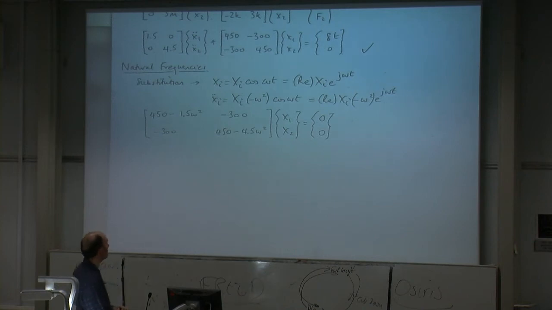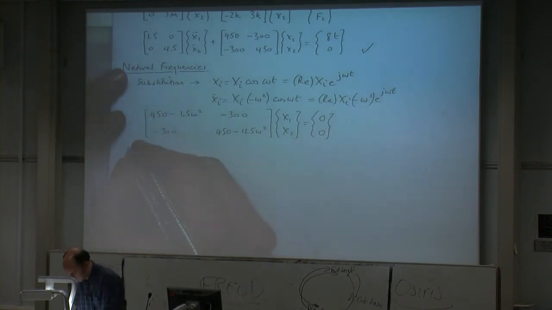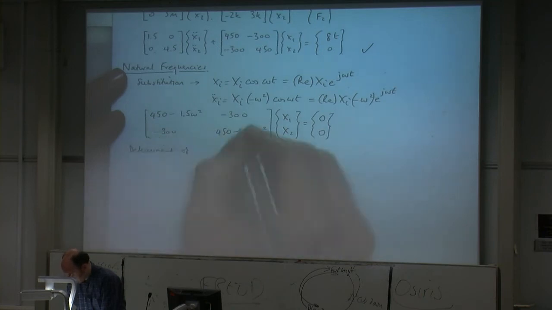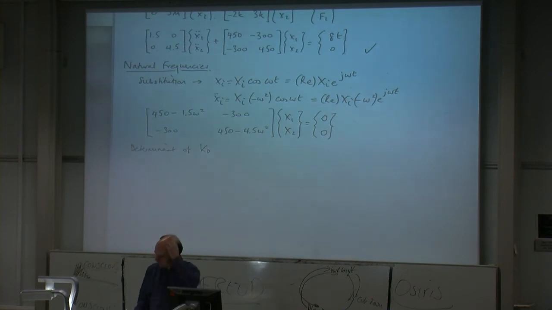Now to find some values for omega 1 and omega 2, we have to find the determinant of this mechanical impedance matrix, which I'll call KD.